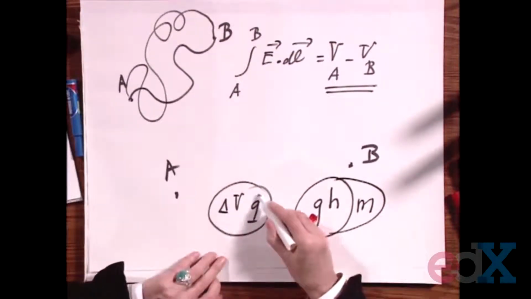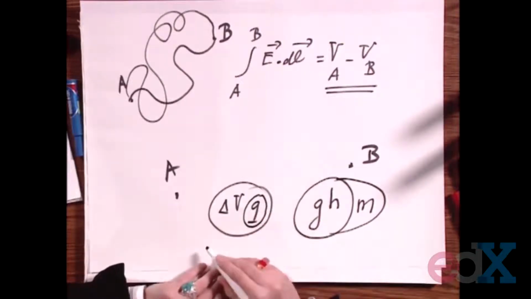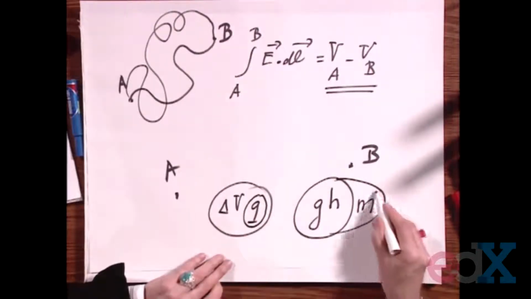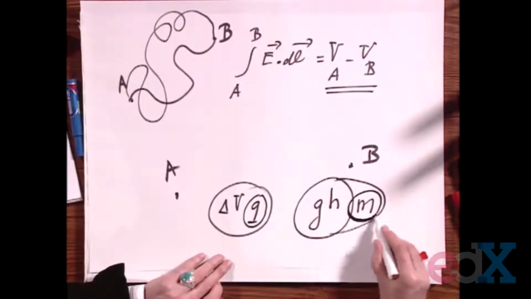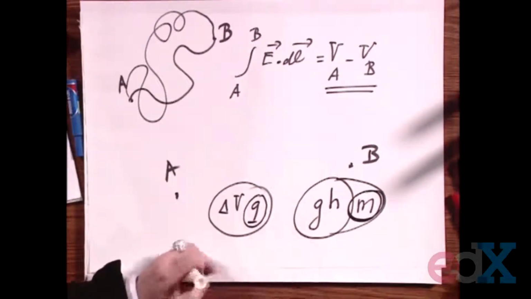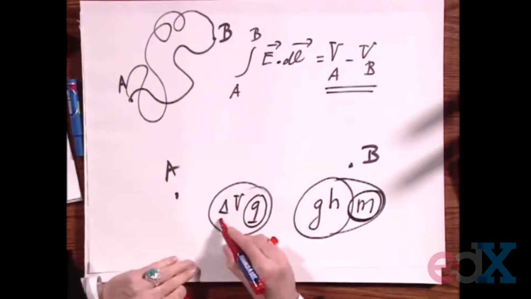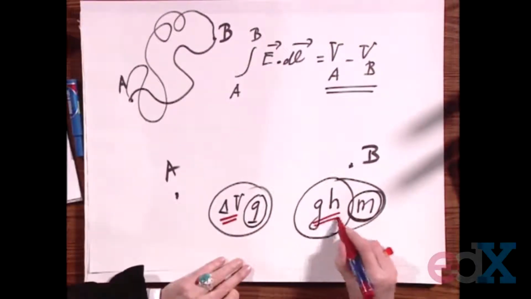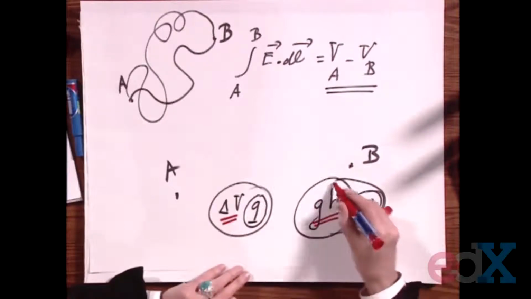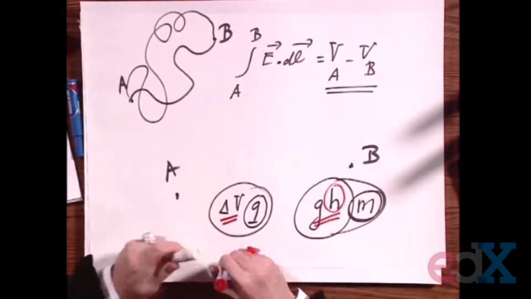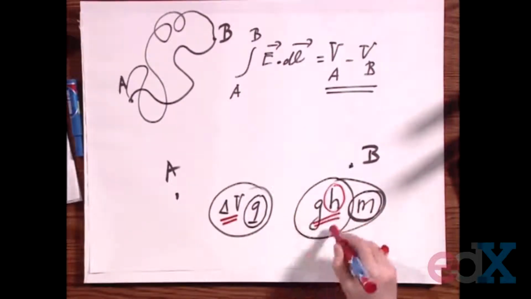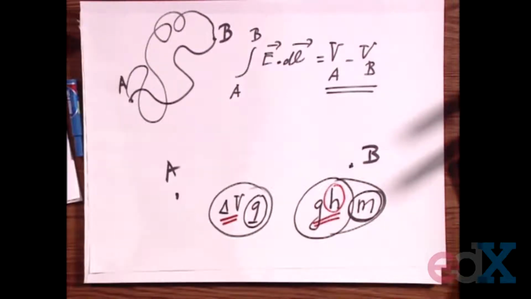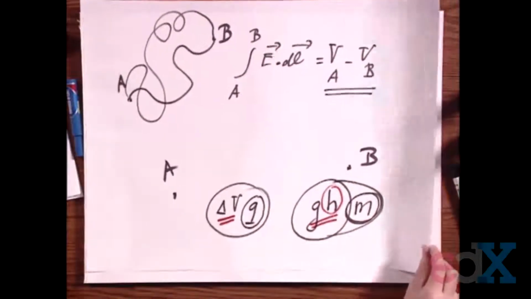So you see the electric charge Q in electricity plays the same role as the mass in gravity. And one could call this the difference in electric potential, and this the difference in gravitational potential. H is the vertical distance between the two points that you are considering.